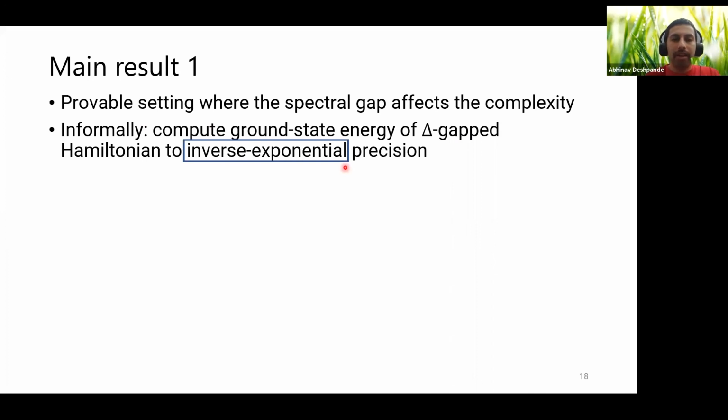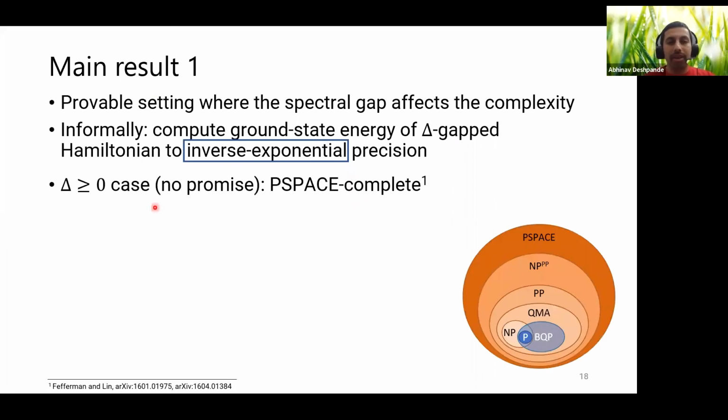In the case when you don't have any promise on the spectral gap, because you're tasked to find this ground state energy with inverse exponential precision as opposed to inverse polynomial precision, the task is PSPACE-complete as opposed to QMA-complete.